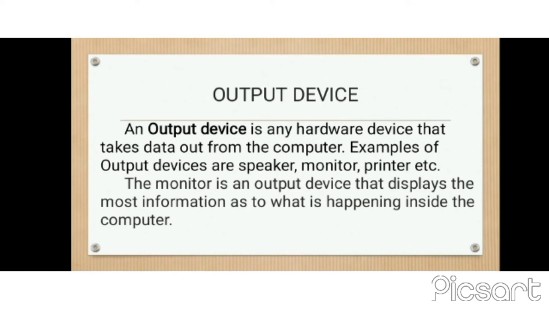So for example, let's talk about the function of the monitor. The monitor is an output device that displays the most information as to what is happening inside the computer. So a monitor is used to display, so it is used as an output device of the computer.